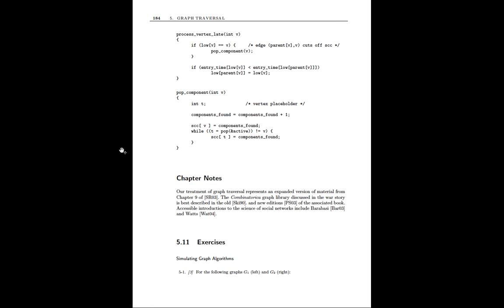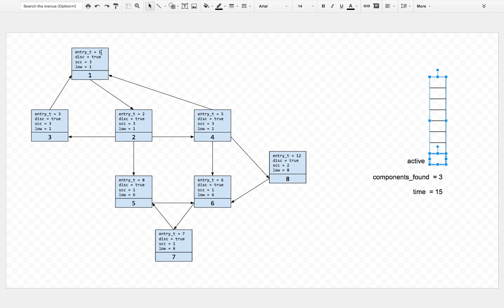Now that the while loop has exited, we return to processing vertex 1 late. And we did this portion of it already. The entry time for the low of v is not less than the entry time for the low of the parent of v. Here's, I think, a slight bug in the code because we can't actually go check out the parent of 1. There may have been a mention of this in the errata of Skiena's book that you can look at online.